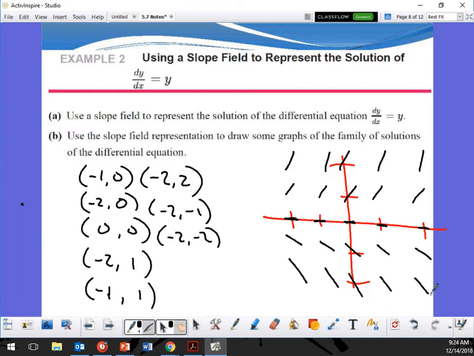So, okay, we have a family of solutions for this one right here, which represents that equation. When I find the equation, let's separate this out.